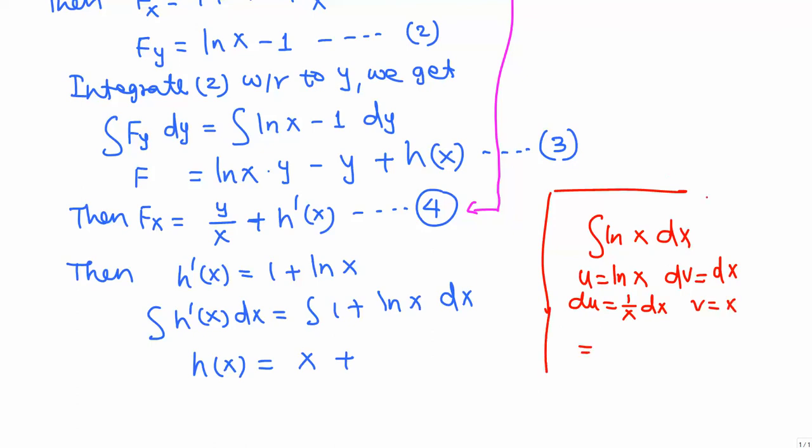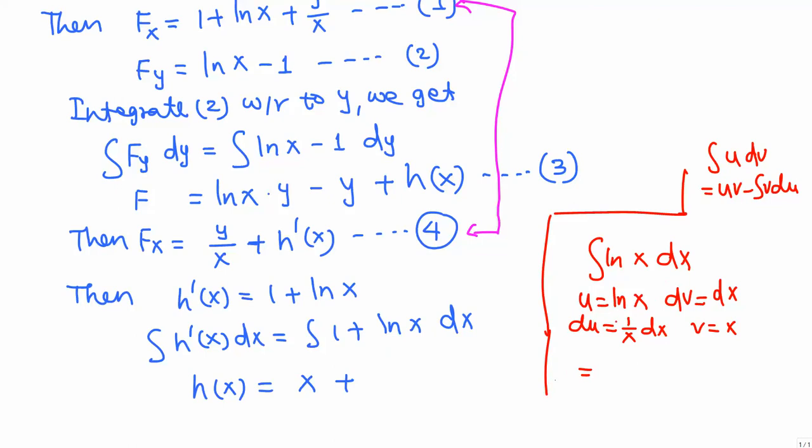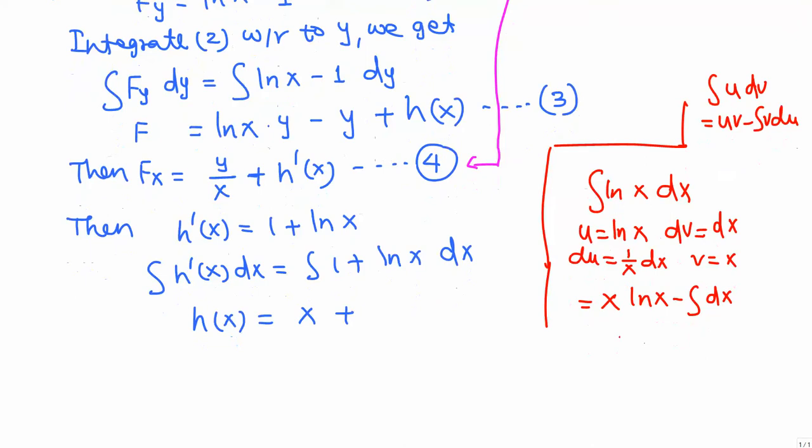Integration by parts: integral of u dv equals uv minus integral of v du. So uv is x natural log of x, minus the integral of x times 1 over x dx, which is just 1 dx. The antiderivative of 1 is just x plus c.